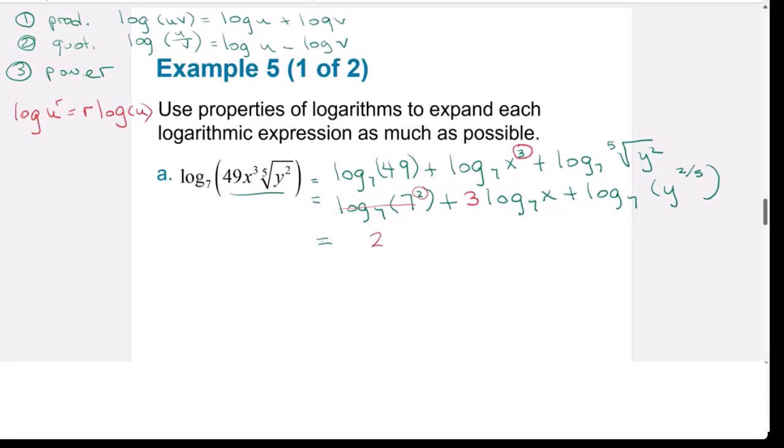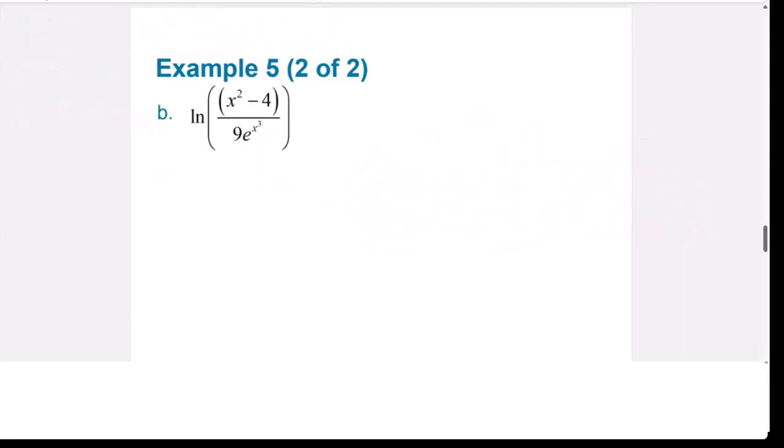I'll just make this 2 plus 3 log base 7 of x plus, I still have an exponent in the last term, so I'm going to bring that around to the front by using my power rule. That's about as simple as it gets. I don't have any multiplication, I don't have any exponents, I don't have any division. That's it, I'm complete.